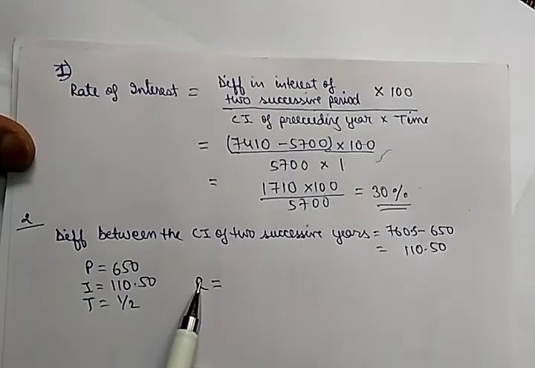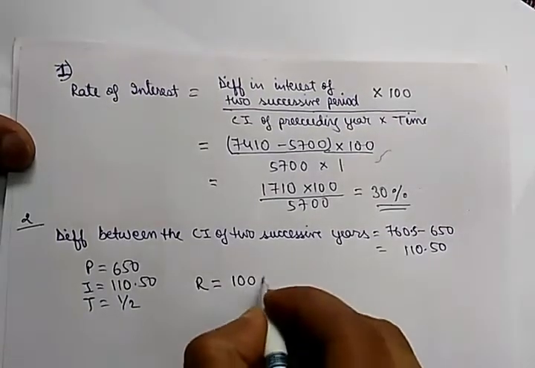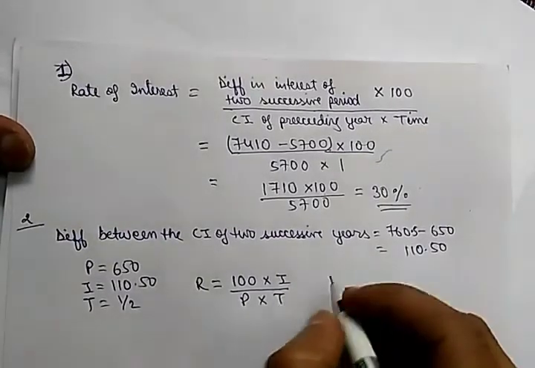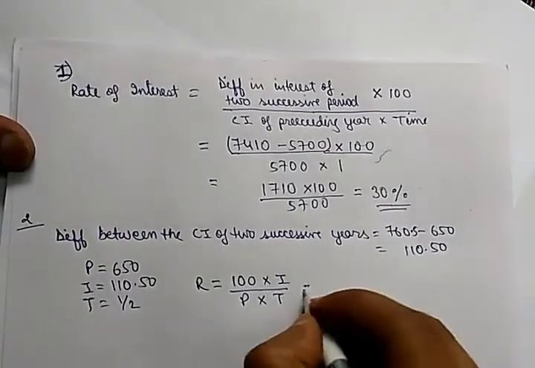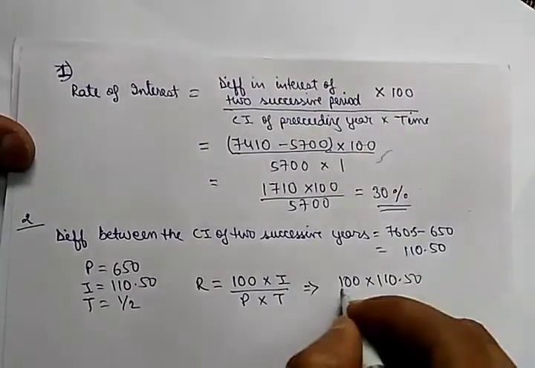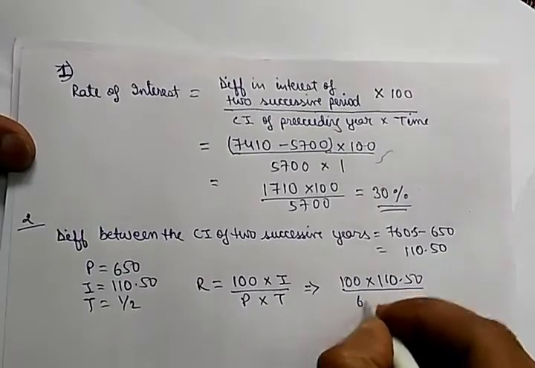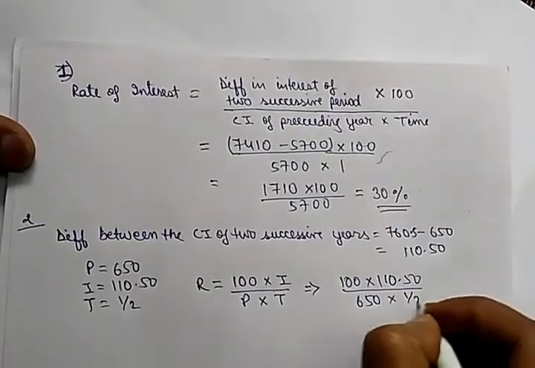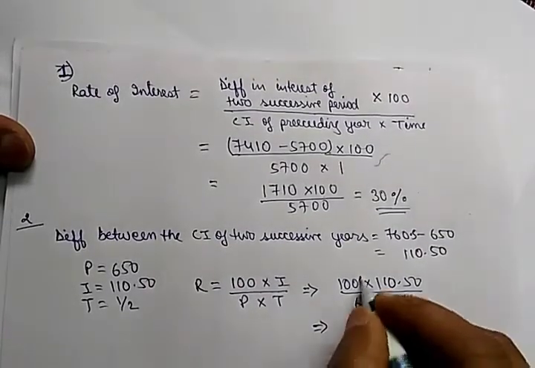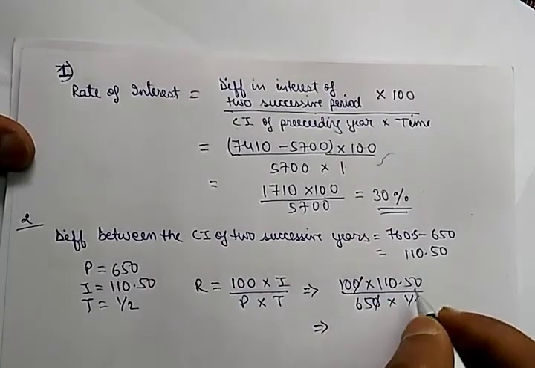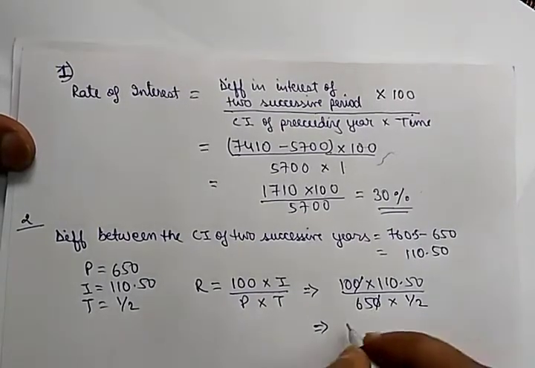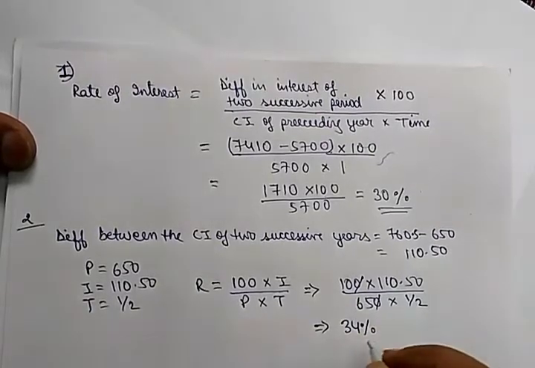So R will be the subject of the formula: 100 into I by P into T, that is equal to 100 into 110.50 by principal 650 into 1 by 2. When we solve this, this 2 will go up, and 110 to 20, 65. This will come to 34%.